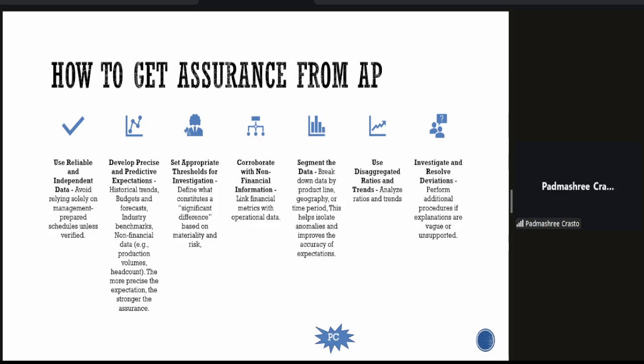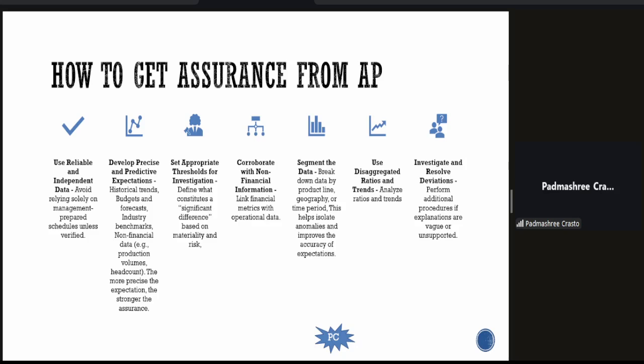So step one, take the base data. Step two, develop the expectation based on information from the entity as well as from outside. Step three, set your threshold. Step four, compare your actual with the expectation. And then step five, investigate any differences beyond threshold.